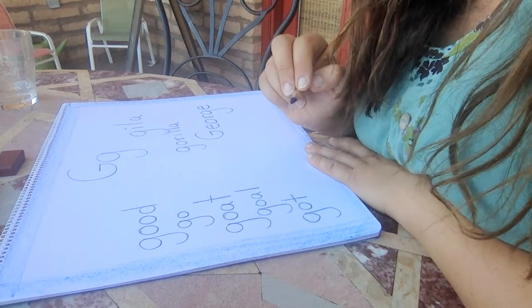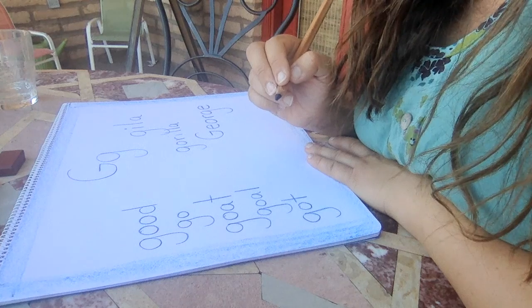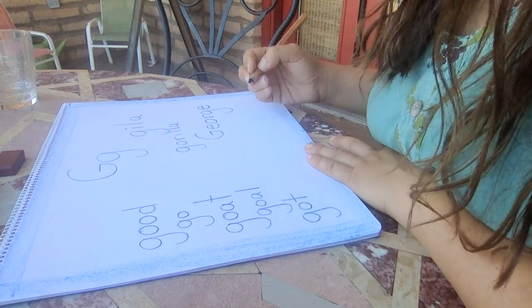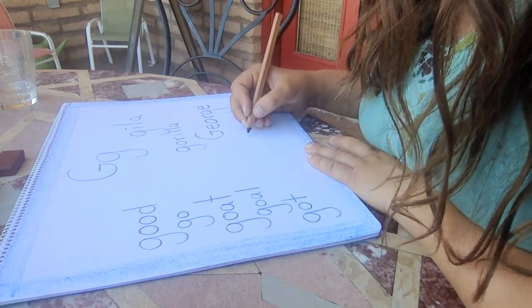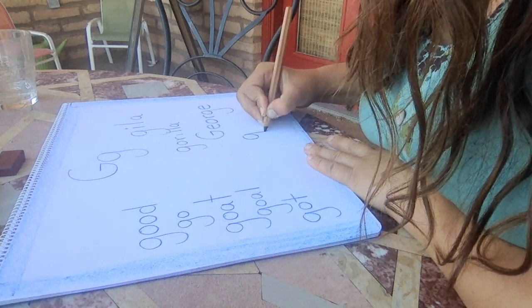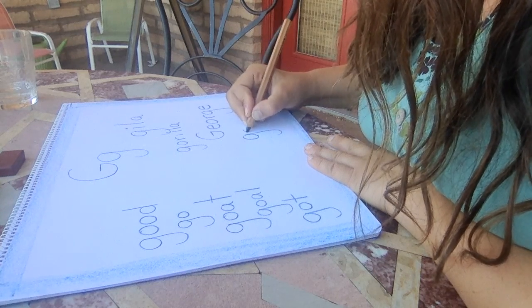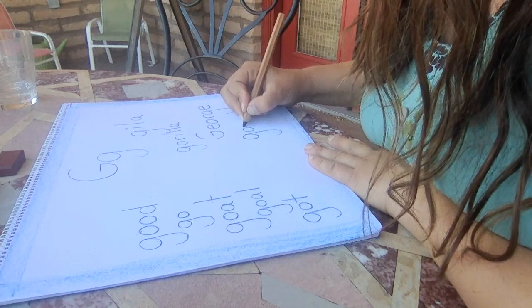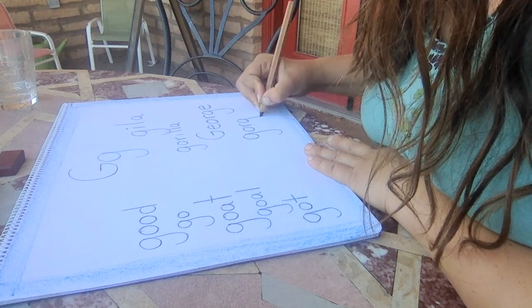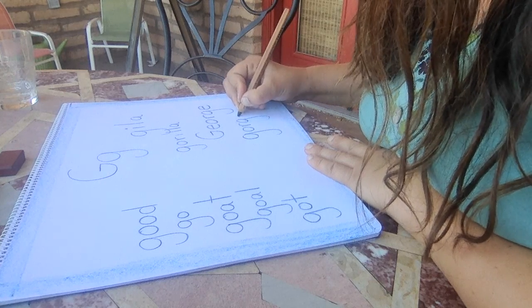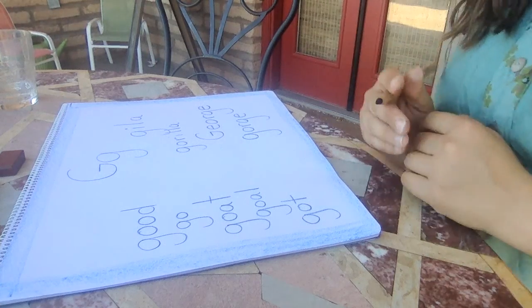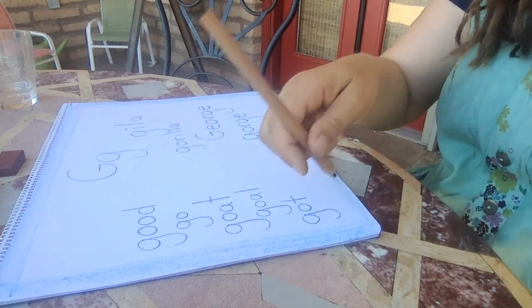Not a canyon, but it's where the walls are really steep and rocky. A gorge. And we write it this way. G. O. R. G. E. Gorge. Very nice.